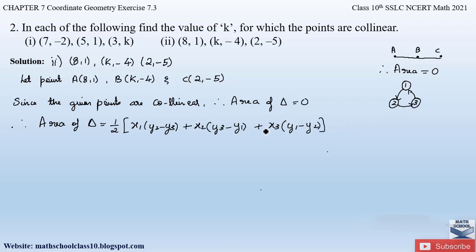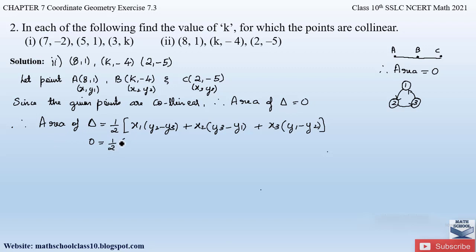This I have already explained in my previous videos. So let us assume point A to be x1 y1, point B be x2 y2, and let point C be x3 y3.